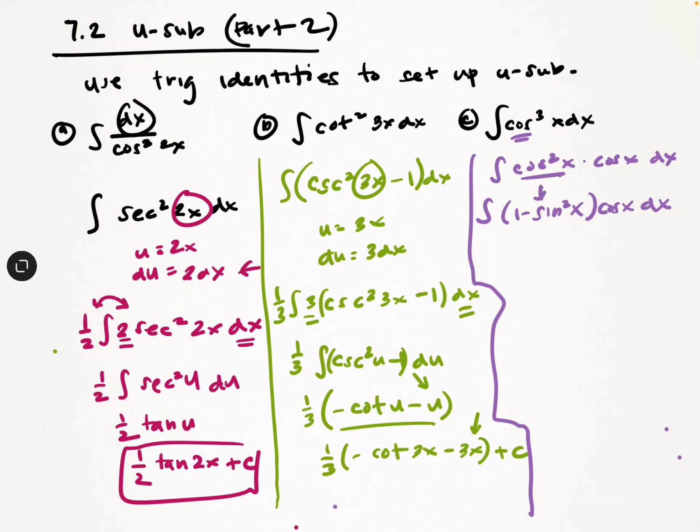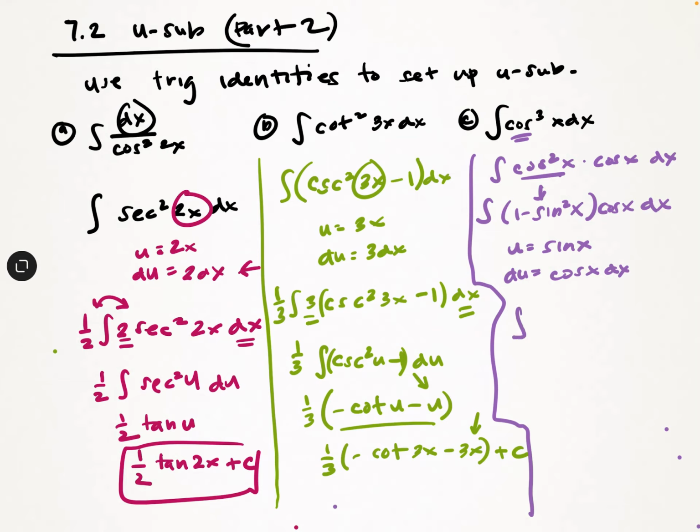Now, our u then, we're going to say is going to be our sine x. And our du is going to be cosine x dx, right? The derivative of sine is cosine. Okay, so let's rewrite this.